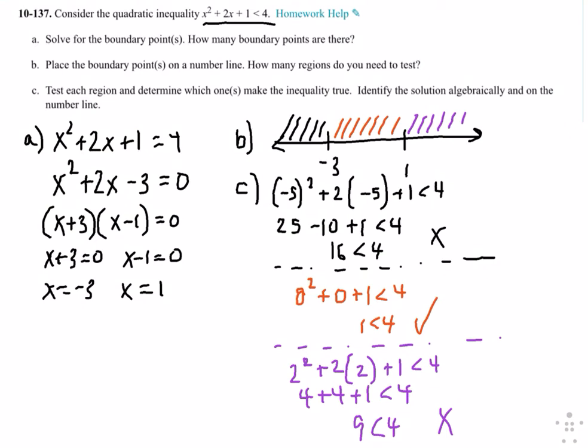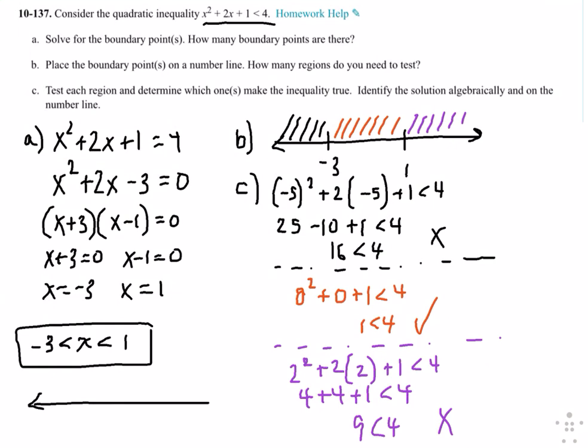So algebraically, we would write that. So here's the solution. Algebraically, we would say, negative 3, x has to be greater than that, and x has to be less than 1. So there's the algebraic answer for C. And on a number line, we would have negative 3, 1, and then like that.